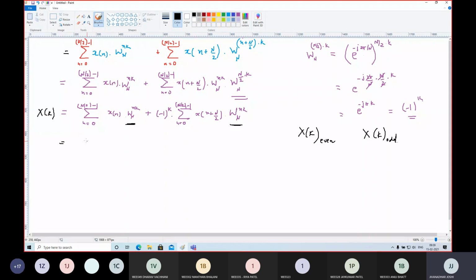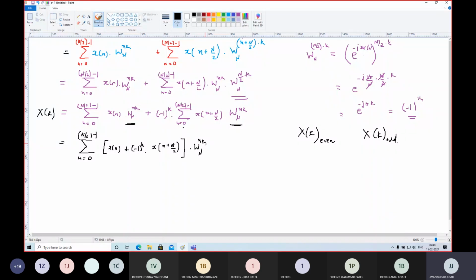So can I rearrange the equation, and we have limits also to be the same, n equal to 0 to n by 2 minus 1. So can I represent it with a single summation sign, n by 2 minus 1, then x of n plus minus 1 raised to k into x of n plus n by 2 into wn raised to nk.